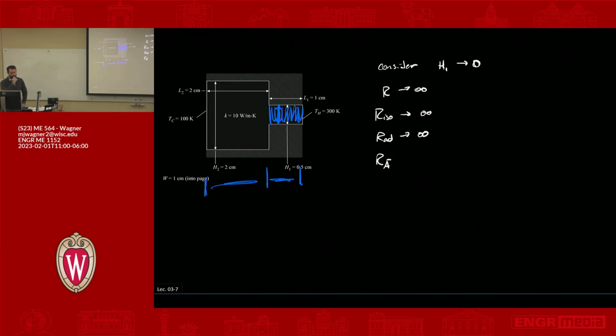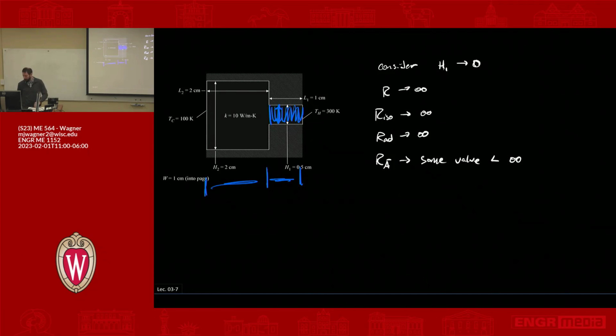So is my average area 0? No. So is my resistance infinite? No. So R A bar goes to some finite value, less than infinity. So that model's entirely wrong in that regard.